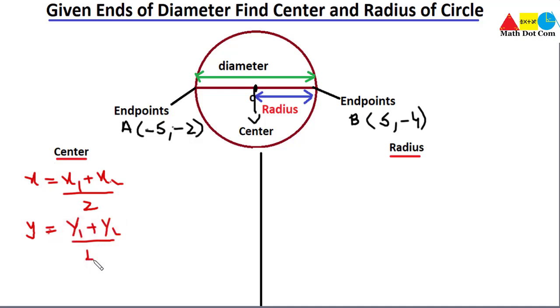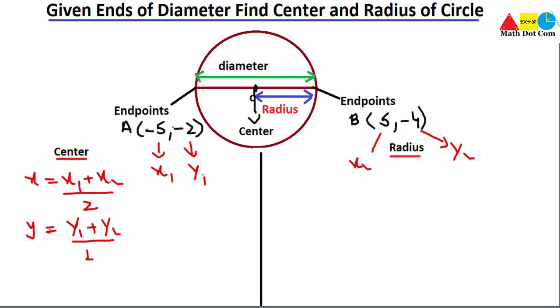Now we just need to put the values of x1, x2, y1, y2 in this to find the center of the endpoints of the diameter. So let's label them: this will be x1 and y1, and this will be x2 and y2.